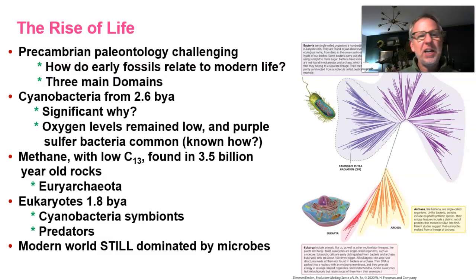So the world's changing. It's taking a long period of time, right? Hundreds of millions of years for these transformations, but the world is changing. And the world at that point was still dominated by microbes, bacterial and archaean microbes.